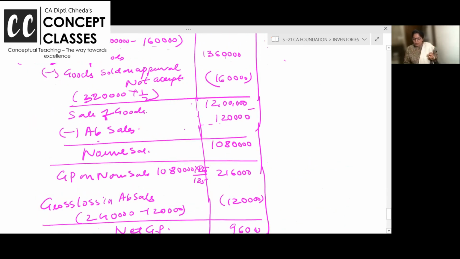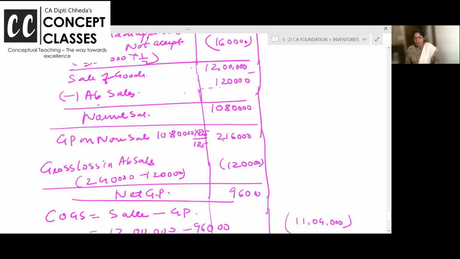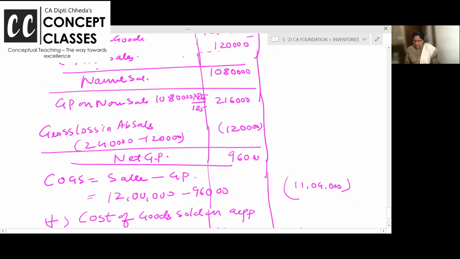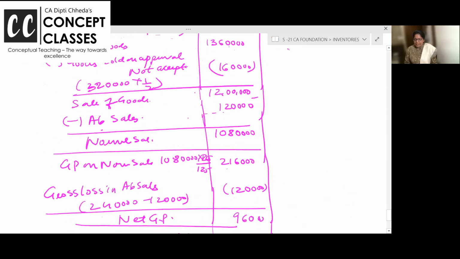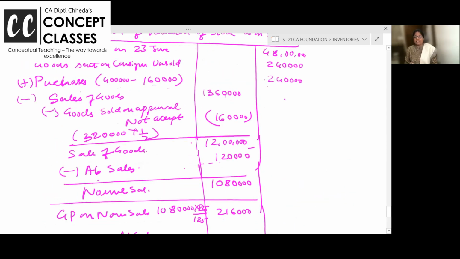Now, I had removed 160, I got sale of the goods. Now abnormal sales I have removed. Normal sales pay I got normal GP. Abnormal goods pay I can have GP or there could be loss also. So there is a GP loss. So finally, how much is my GP? 96. In my total sales, 12 lakhs.